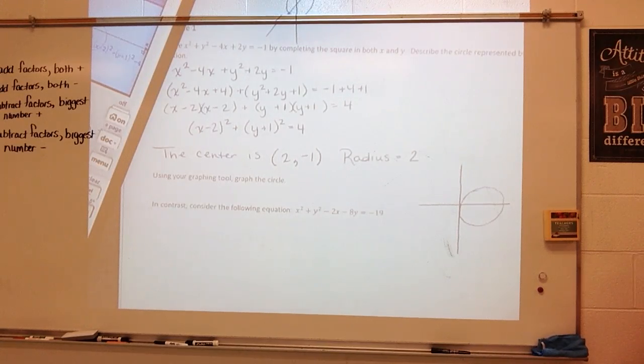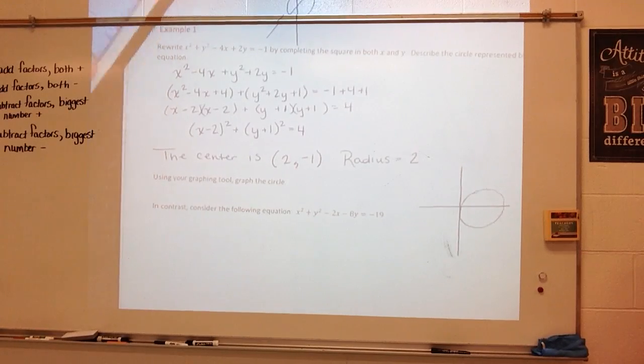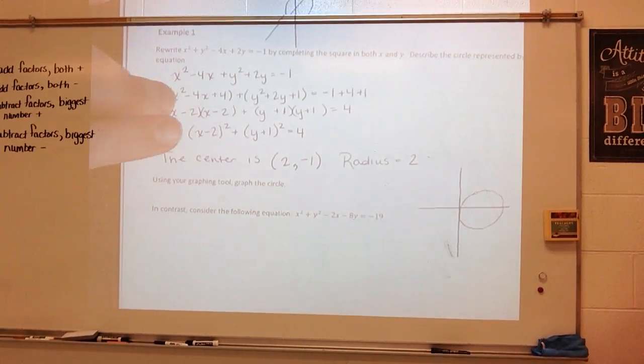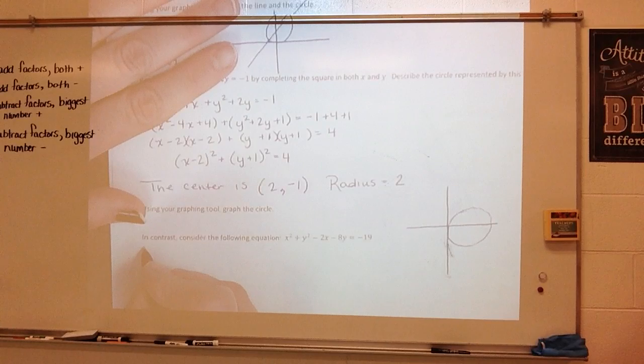In contrast, consider the following equation: x squared plus y squared minus 2x minus 8y is equal to -19. Alright, so now it wants us to rearrange it, and so we've got x squared minus 2x plus y squared minus 8y is equal to -19.